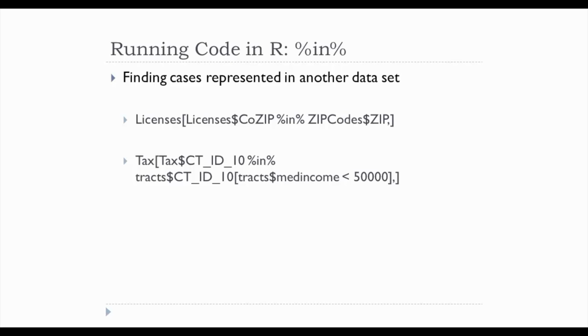Assume that tax represents the tax assessor's database. Let's say we want to know where every assessed property is that is inside of a tract whose median income is below $50,000.